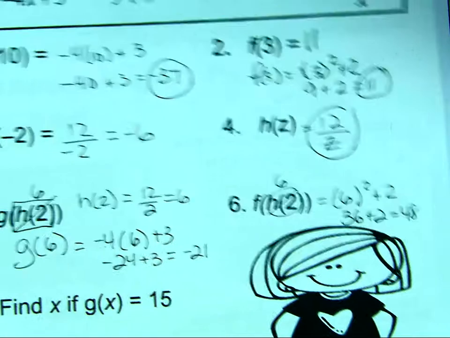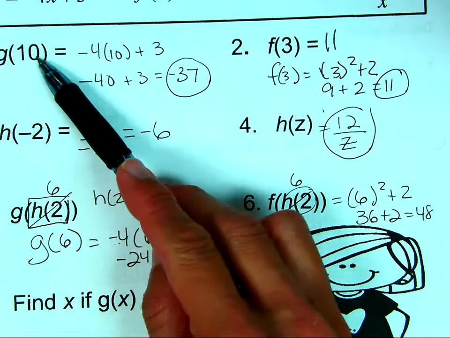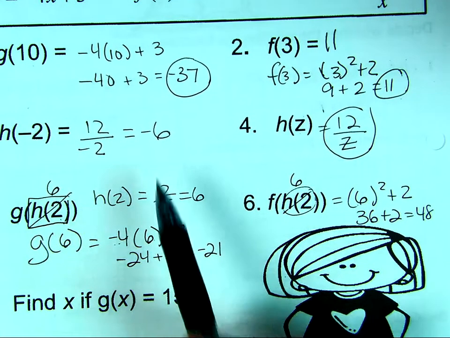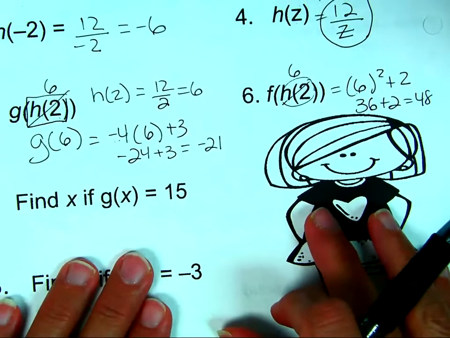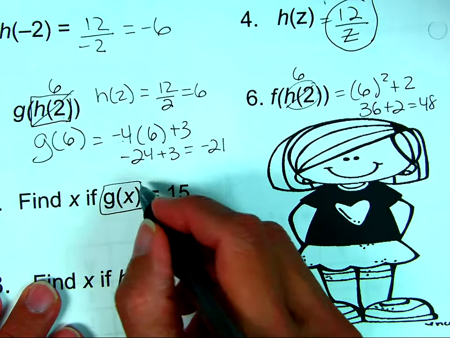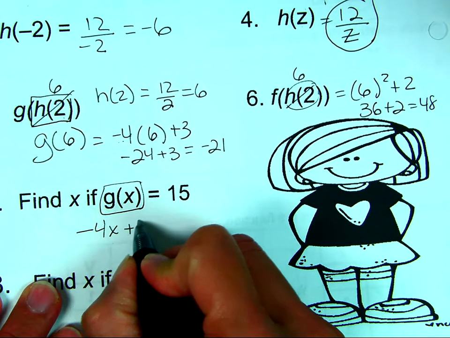So you'll notice that in all those problems, it was g of some number or variable equals something. There wasn't anything on the right side of the equation, unlike these. So when we get to this, this represents the function. So when we go back up to the top, we find out that that function was negative 4x plus 3.